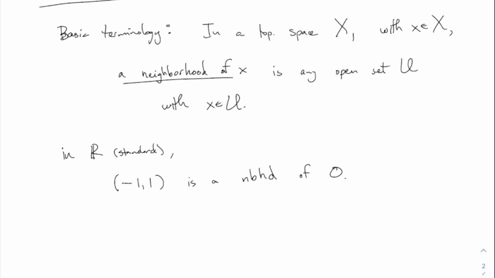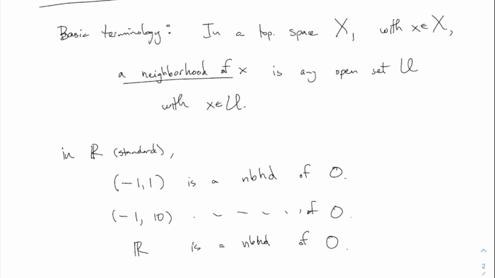It also doesn't have to be symmetric, equally spaced on either side of that point 0. So also, 1 to 10 is also a neighborhood of 0, right? It just means that 0 is a point which is inside that, and that is an open set. Also, R is a neighborhood of 0, just an open set.